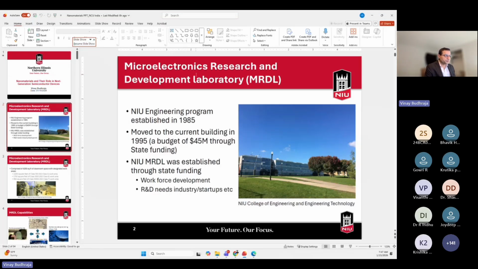The NIU engineering program was established in 1985, and in 1995 it moved to the current building with a budget of 45 million through state funding, and NIU MRDL was established through state funding. The purpose was workforce development and R&D needs of industry and startups.